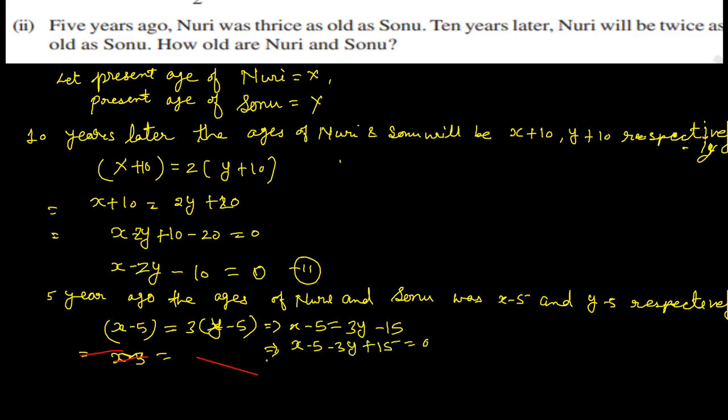So you will get here x minus 3y plus 10 is equal to 0. This is your second equation, and this is your first equation. Now when you solve these two equations, what will you get here?